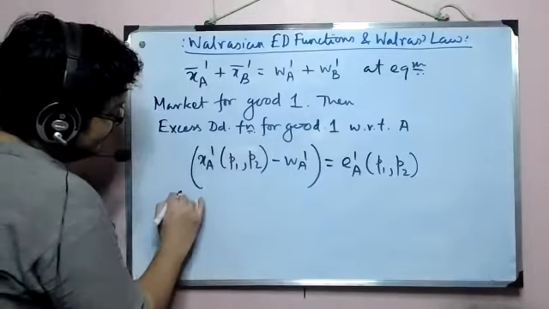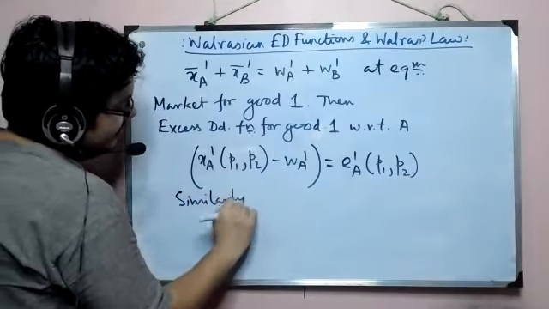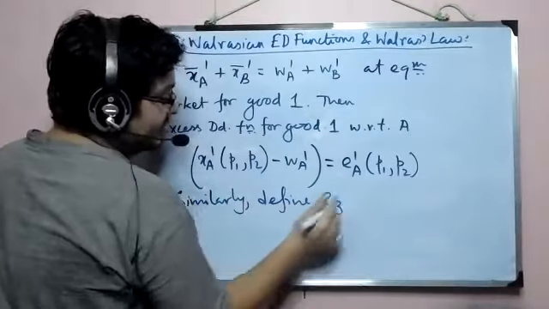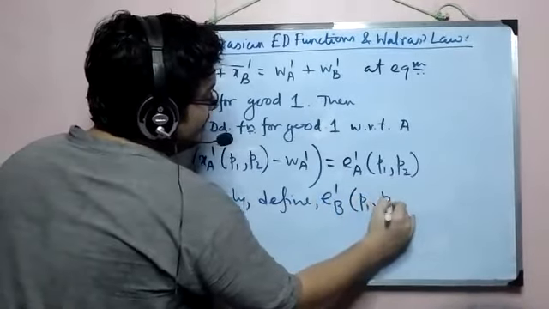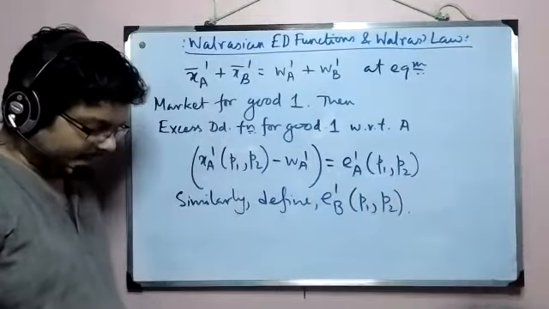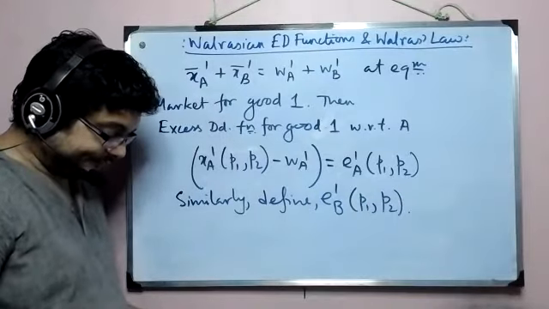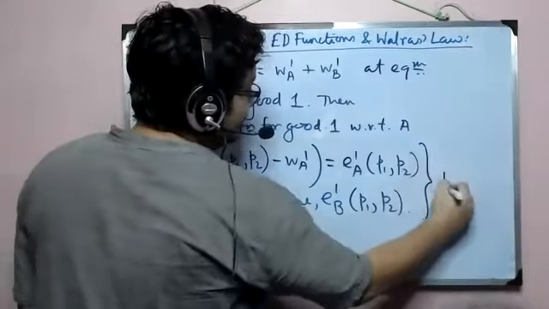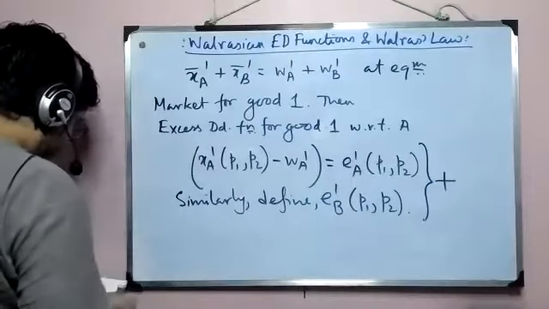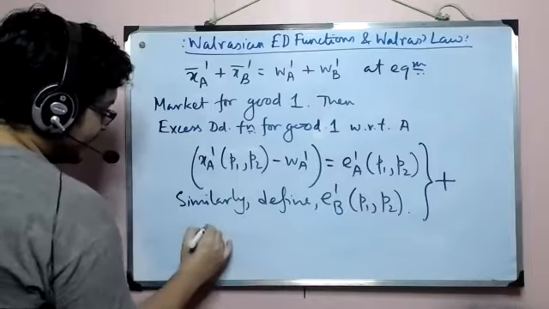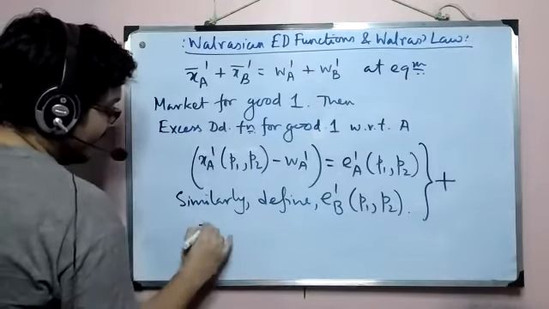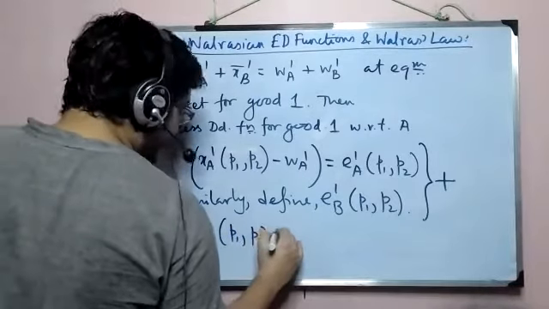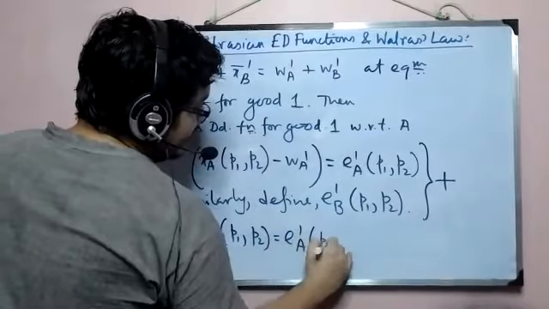Now, similarly, we can define E for consumer B for good one at P1, P2, right? And then if I sum these two up, I get the aggregate excess demand function, Z1 of P1, P2, as this.